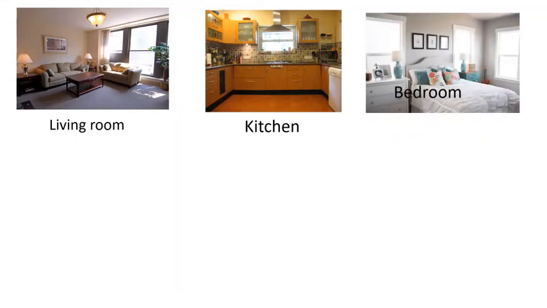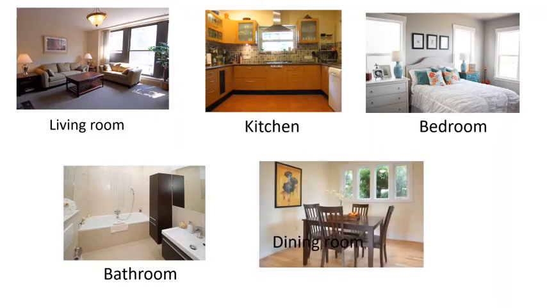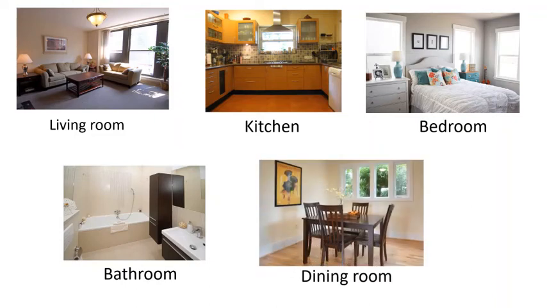Yes, in the bedroom. Now, where do we take a shower, children? Yes, in the bathroom. And we all sit together to have food, right? Now, where do we sit together to eat? Yes, in the dining room. Very good.